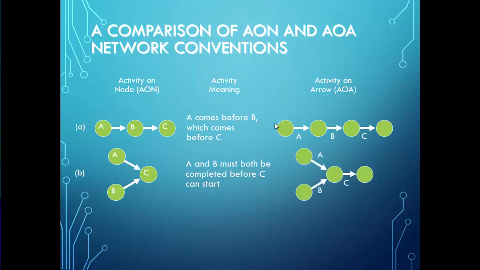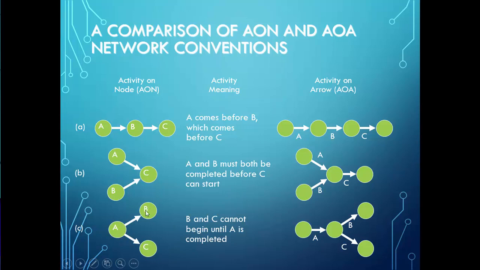To compare activity on node and activity on arrow, we can see that it's easier to know exactly which one comes before. It's easier to follow up with the activities. Whether we do it this way or that way, if we have two different activities needed, like A and B, this will lead to C. But if I have one activity that will lead to two activities, then this is the way to do it.